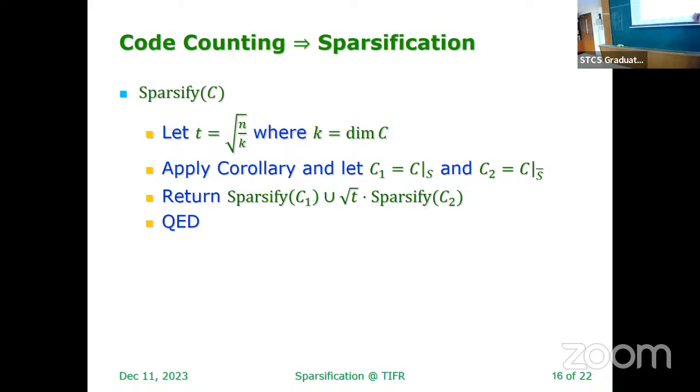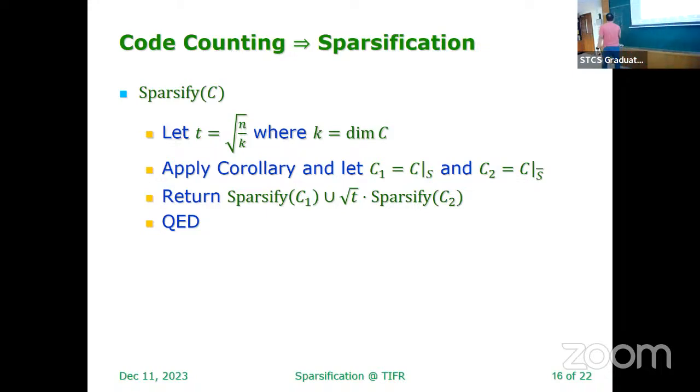We'll just take this parameter t, which is up to us to choose. We'll choose it to be somewhere between the actual size n and the sparsification size k that we care about. So take the square root of n over k and apply this corollary, and there will be one code which will be relatively small in size. It's not as small as we want, but its size.